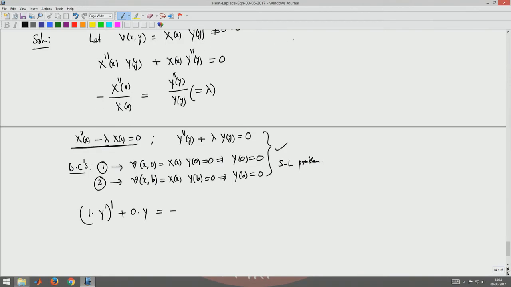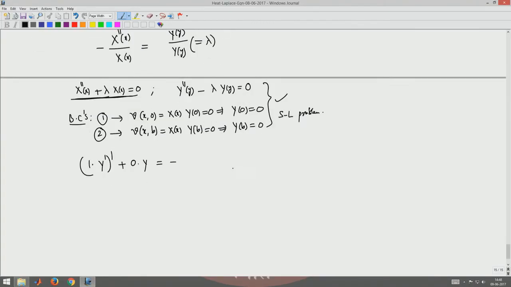By that you can see that this will be plus and this will be minus, so that your Sturm-Liouville problem is exactly in the self-adjoint form, as an eigenvalue problem: lambda into 1 into Y, so lambda into omega, which is 1, times Y. Obviously Y of 0 is 0, which is equal to Y of b. So this one is already in self-adjoint form.